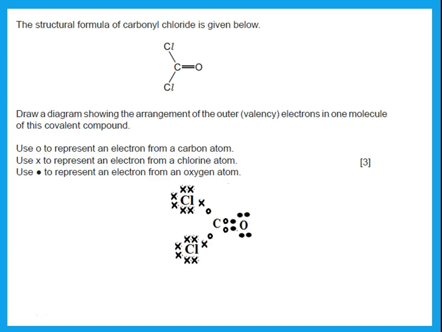Now the carbon is going to share 1 pair with each chlorine, so it needs 2 more, so it will take it from the oxygen, and the oxygen needs 2 anyway from the carbon. Okay, do not forget to put the rest of the electrons around the oxygen, because oxygen has a total of 6, it's going to use only 2 of them, so it has 4 more electrons that are not involved in the bonding.